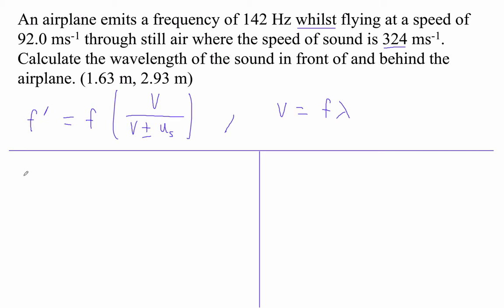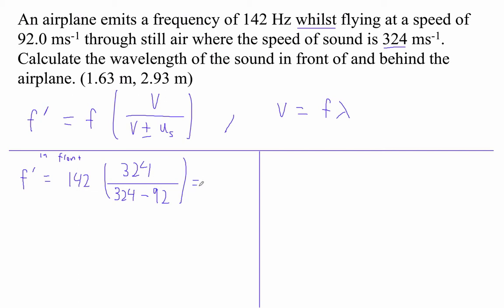So in front of the plane, I think it's going to be something like this. Our shifted frequency is the original frequency, which is 142, and the speed of sound is 324. Keep in mind that your textbook is going to give you all sorts of different speeds. In front of the plane, the frequency is going to be higher, so I think we go minus 92, because that'll make the denominator smaller and our answer bigger.